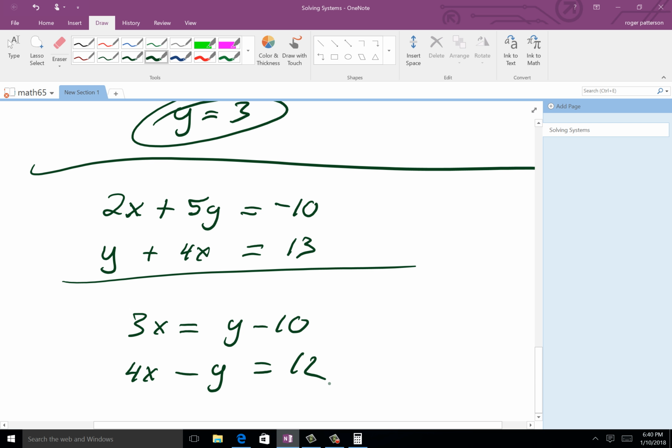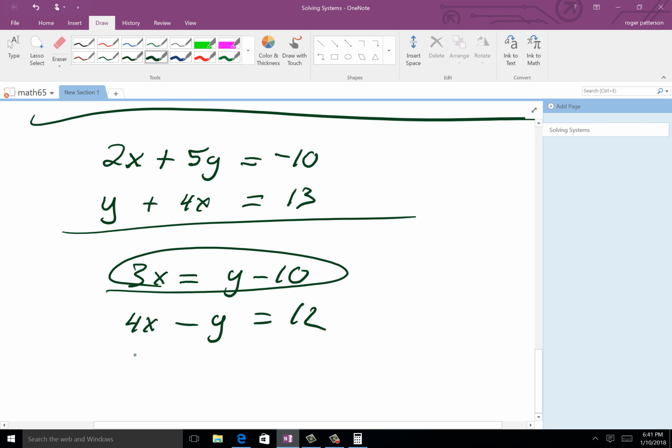Something like that, where they line up okay, but this one has an equals and this one has a minus, so they're not in the right format. All right, so then we'd have to take this one and rewrite it so that it was 3x, move this y over, and then set it equal to -10. All right, now you can do it.